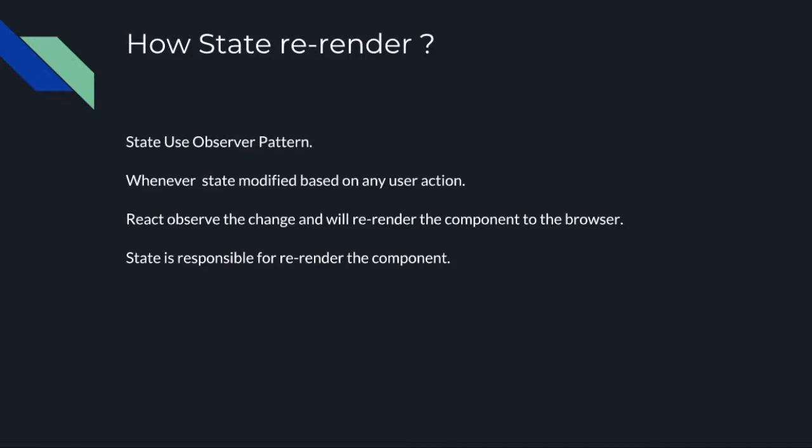And always remember, whenever we change the state, only the component where that state exists will re-render. State is responsible for re-rendering the component, so it forcefully renders the component whenever we change the state.